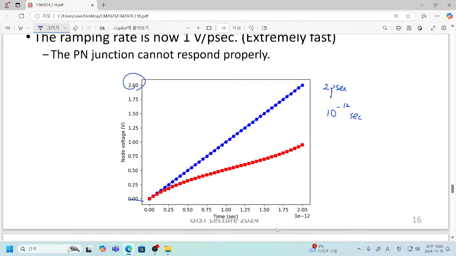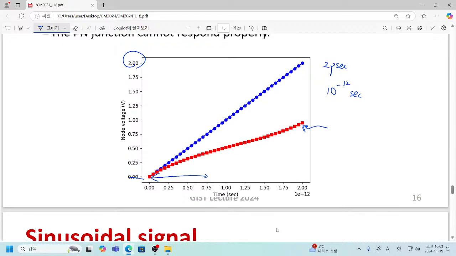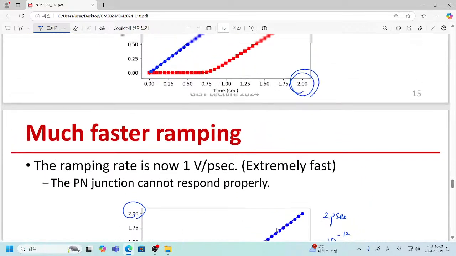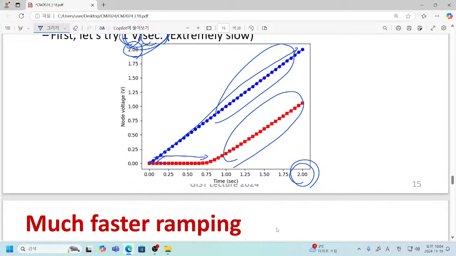Then now you can see that this is the response of your rectifier system. What you expect is, okay, there is a certain voltage offset. After that, quite similarly, there is a certain voltage offset. After that, the input is copied to the output.